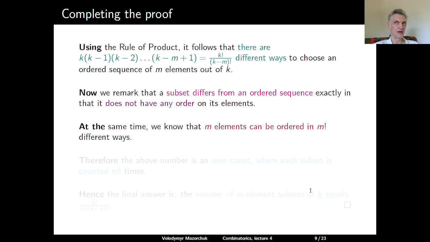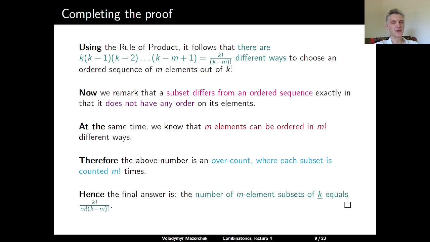So we have now an ordered sequence of m elements, and we want to compare it to a subset with m elements. We know that m elements can be ordered in m factorial different ways. Therefore, this number which we have, k factorial divided by (k minus m) factorial, is an overcount, where each subset is counted m factorial times. So hence the final answer is that our binomial coefficient k choose m equals k factorial divided by the product of m factorial and (k minus m) factorial.